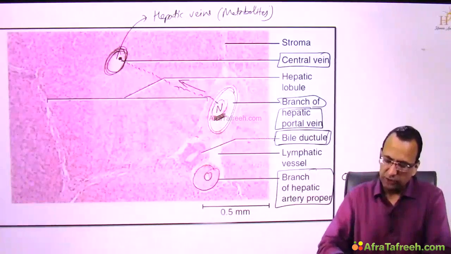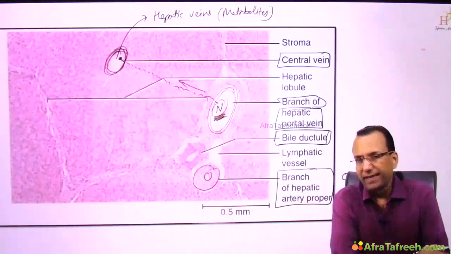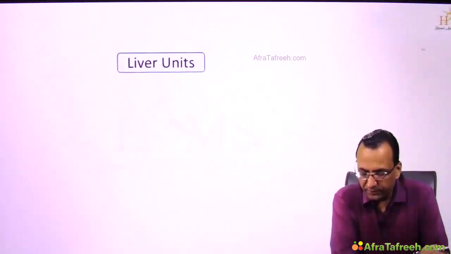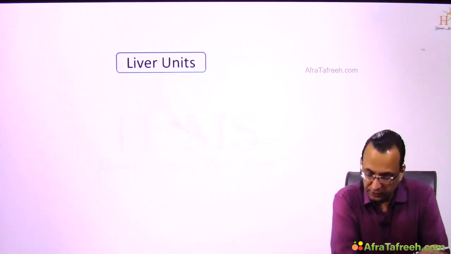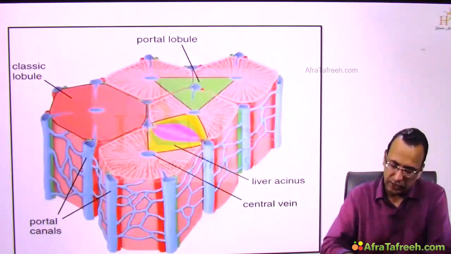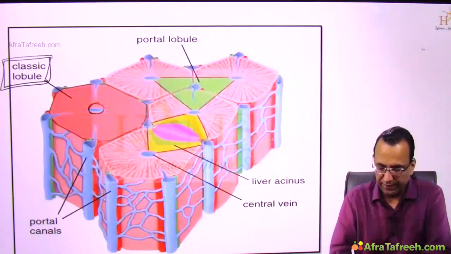Now there is a concept of lobules in the liver. We have to discuss that also. As you're talking about the liver units, there is the liver acinus, the liver lobule, all that is to be discussed. The old story is that there is a classic lobule, which is based upon the central vein.